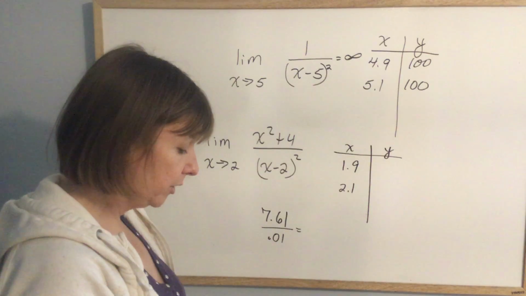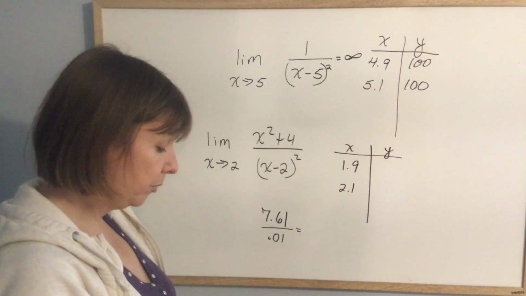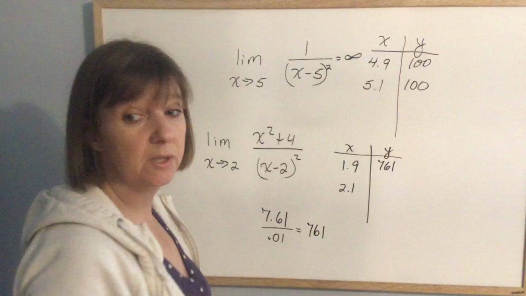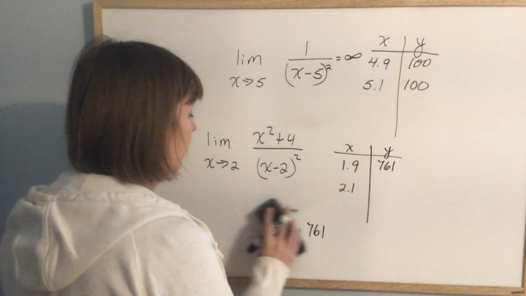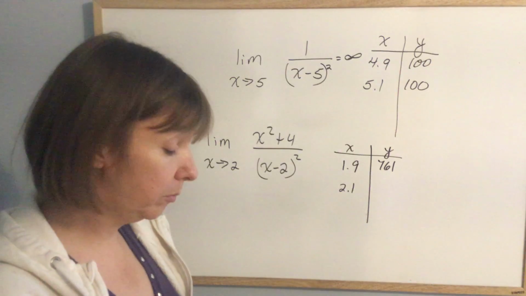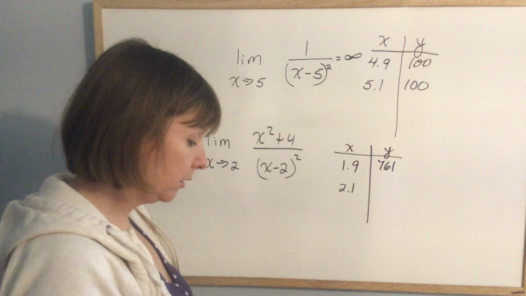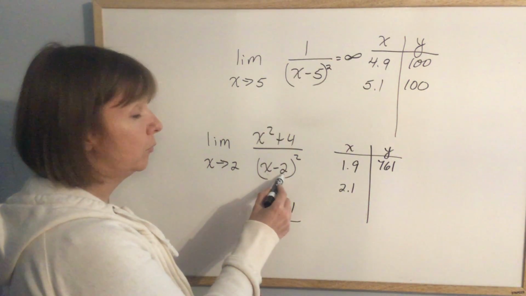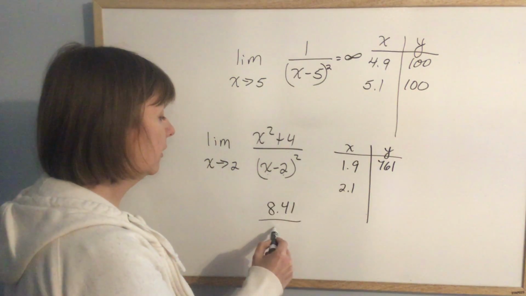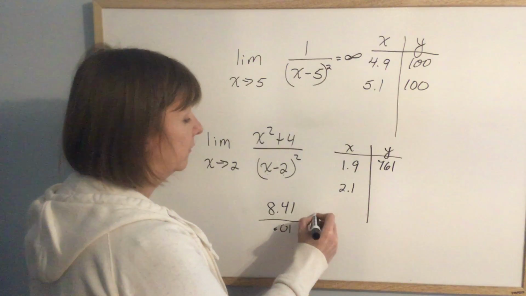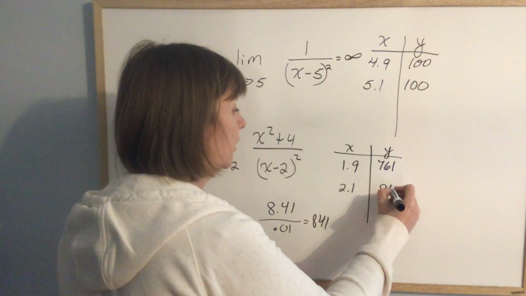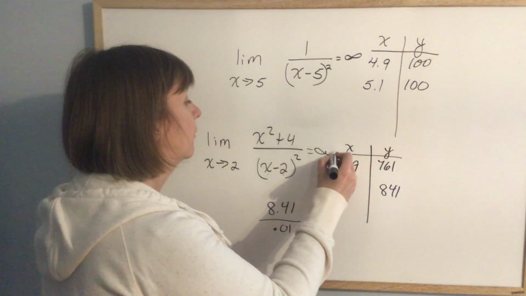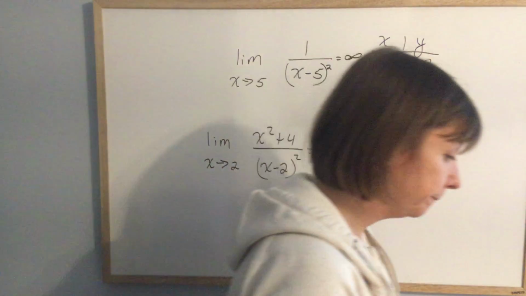Now if I divide 7.61 by 0.01, I get 761, a really big number. If I do the other side, 2.1 squared plus 4, I get 8.41. On the bottom, 2.1 minus 2 is 0.1, squared is 0.01, and when I divide them I get 841. So again, either side I'm getting a very large number, so that means it's also infinity.